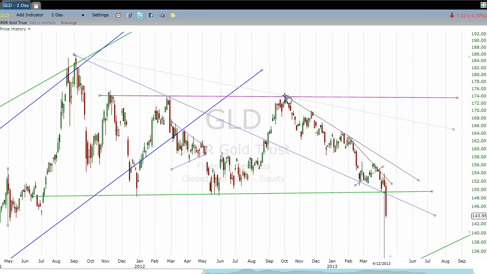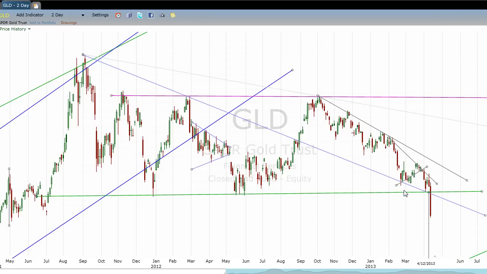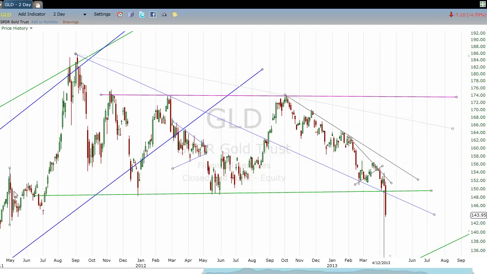It looked like that would come back for a back test on this line, and there we would get a bounce, and that's where I went long. However, I did stop out because at the time it looked to me like gold should not get under about, let me backtrack.